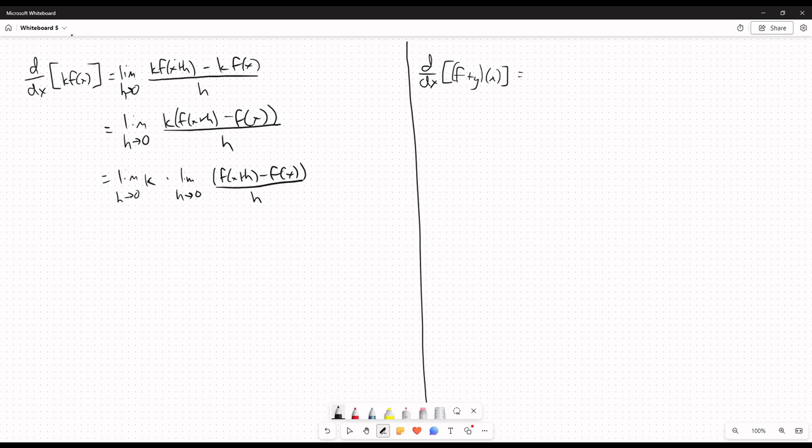Often we won't write it out like this. We'll just say that we can pull out a constant multiple with limits. So we could have just skipped to this step where we say k times the limit as h goes to 0 of f of x plus h minus f of x over h. And lo and behold, this is the derivative.